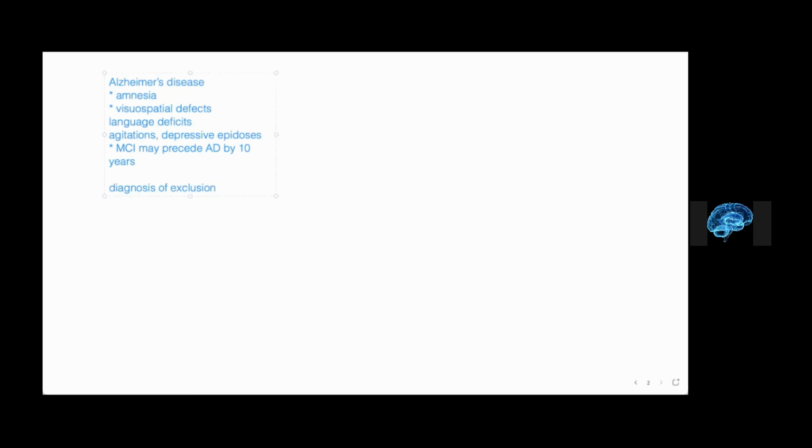So you can see that. However, if a person has none of that, you can still diagnose Alzheimer's disease by diagnosis of exclusion, despite the absence of findings. So you can only get a definitive diagnosis at autopsy after the patient dies. And that's your definitive diagnosis. So just remember that it's a clinical diagnosis and it's a diagnosis of exclusion.